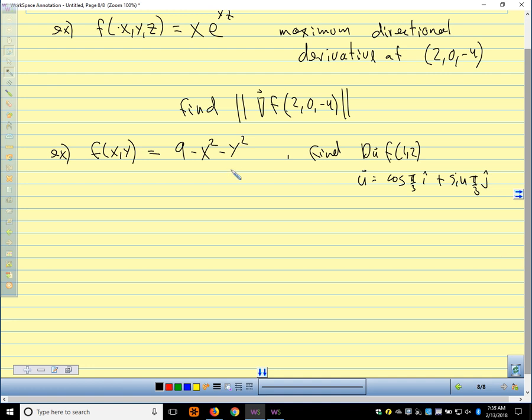All right, what is the surface? z equals 9 minus x squared minus y squared. In the xy plane, z equals 9 minus x squared. A parabola, but facing down, and this 9 does what? Shifts it up.